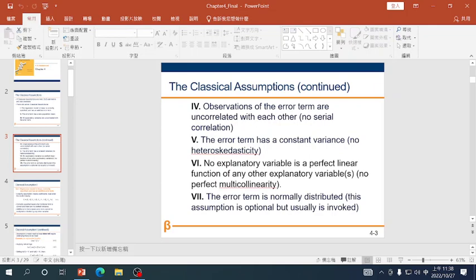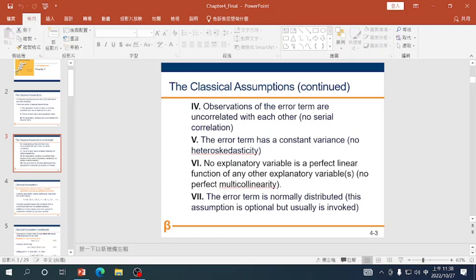The fourth one is that observations of the error terms are uncorrelated with each other, and this is related to time series data. We have two different types of data: time series data and cross-sectional data. This assumption is really related to time series data.